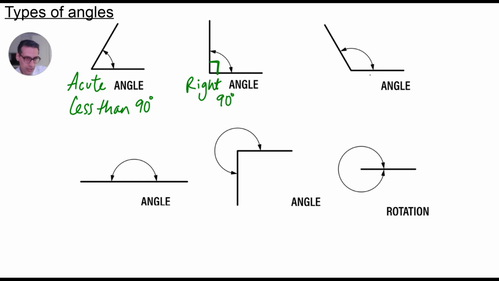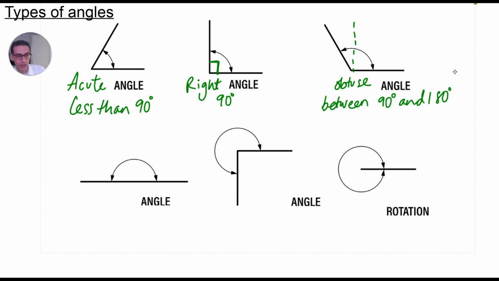The following one here, we can see that if it was 90 degrees, that's where it would be. That's very badly drawn, but you can see that this is bigger than 90 and it's less than 180. So this is called an obtuse angle, between 90 degrees and 180 degrees.